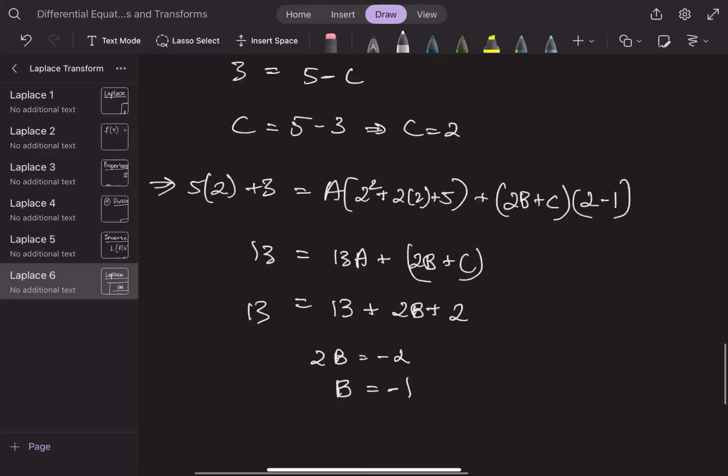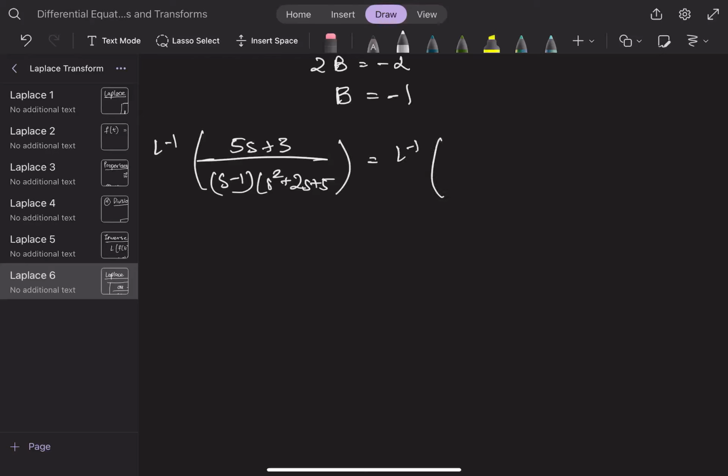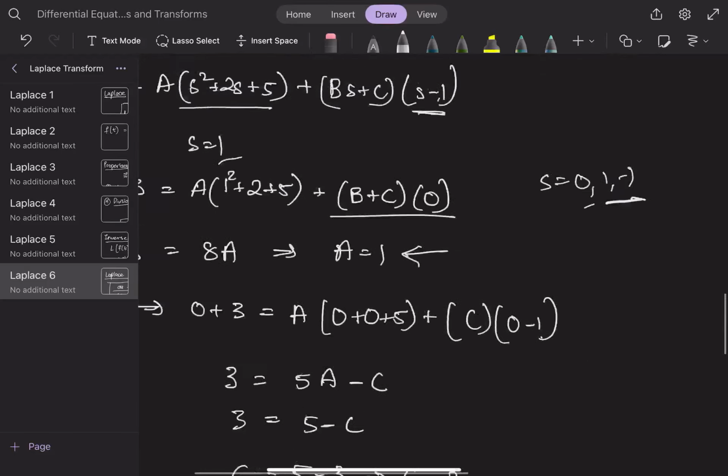Now let's write the entire thing again. So Laplace inverse of (5s plus 3) divided by (s minus 1) into (s square plus 2s plus 5) can be written as Laplace inverse of 1 divided by (s minus 1) minus (bs plus c), right?